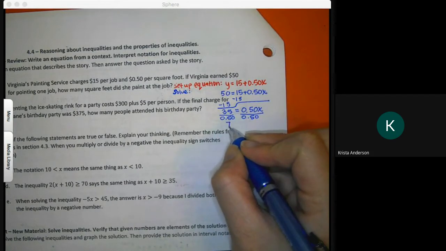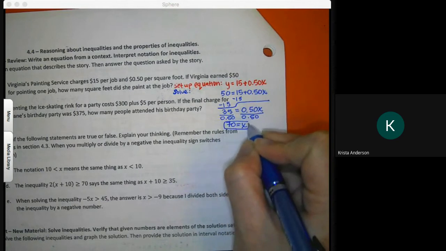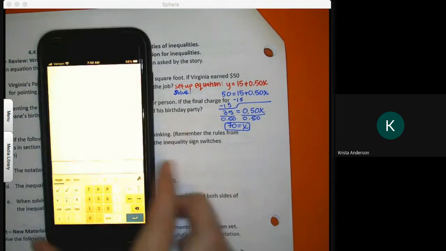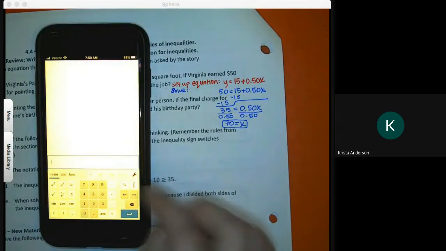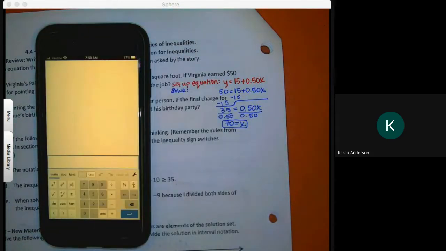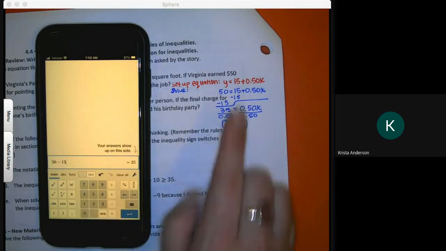I'm going to double check. I'm going to use Desmos because most of us use Desmos. So if I were to check, I would have done 50 minus the 15 is 35.